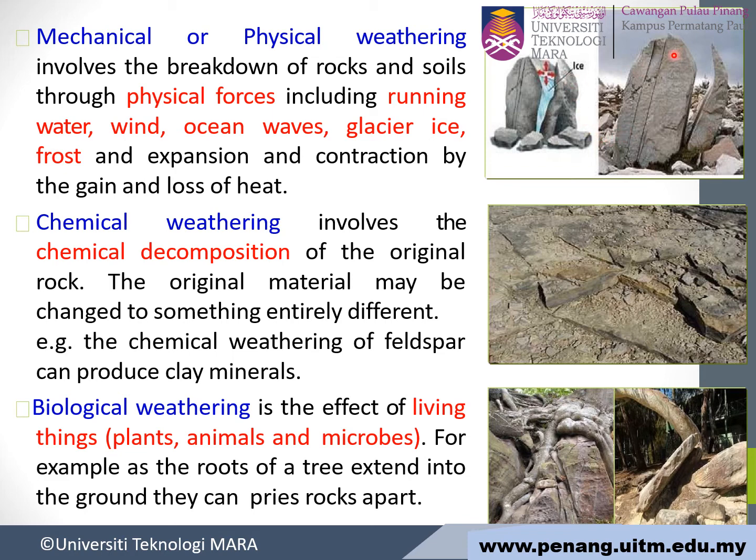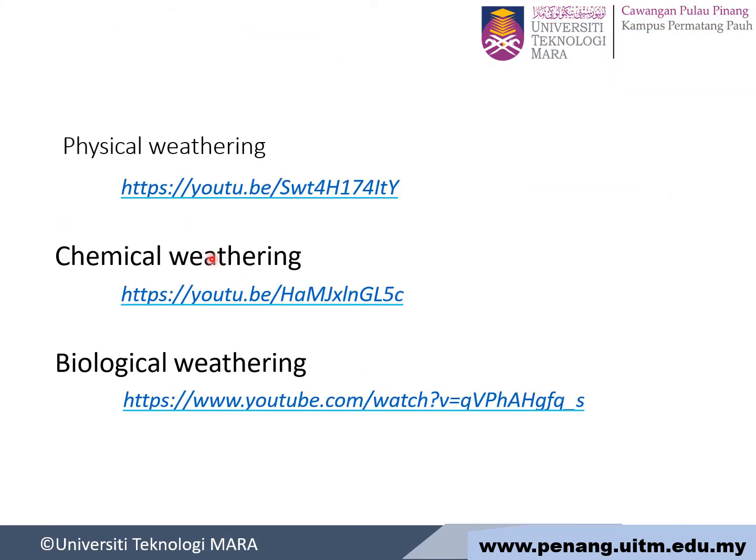If you see here, this is the original rock, and then there are water and ice here. There are frost, expansion and contraction, gain and loss of heat. So what happens is it will weather the rocks. You may refer to the physical weathering in this link, and chemical weathering, and an example of biological weathering here.